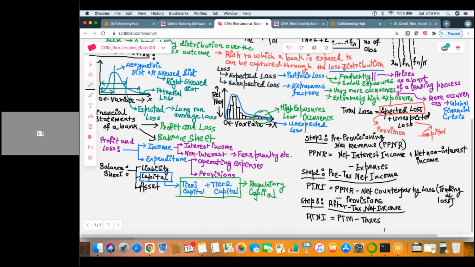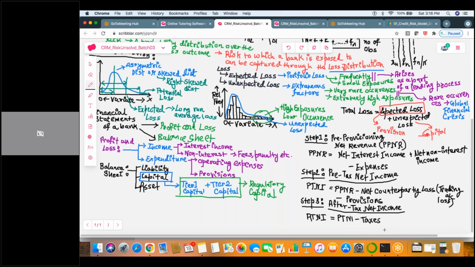Step two is the pre-tax net income, which is PTNI, and step three is the after-tax net income, which is the pre-tax net income minus the taxes. Right. So I have step one, step two, step three. These are the three levels.